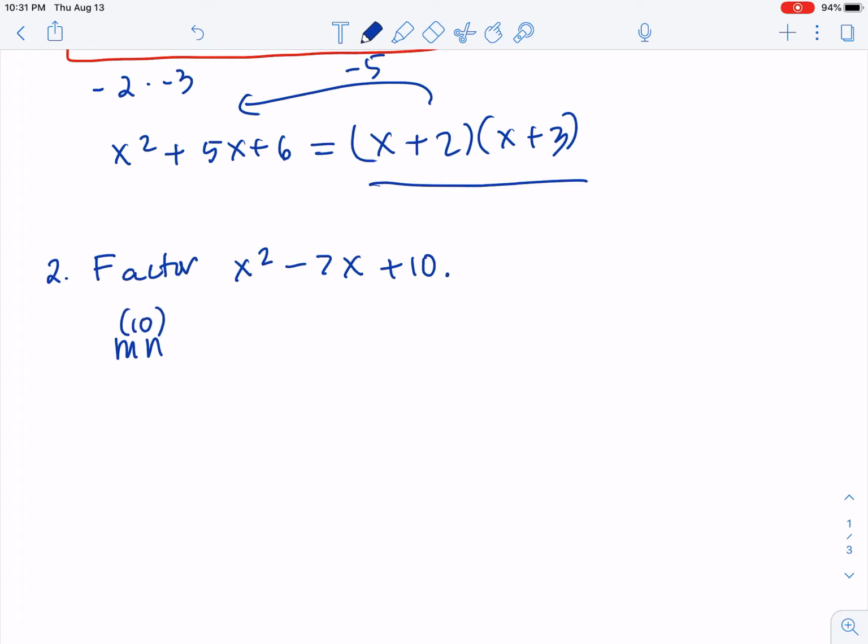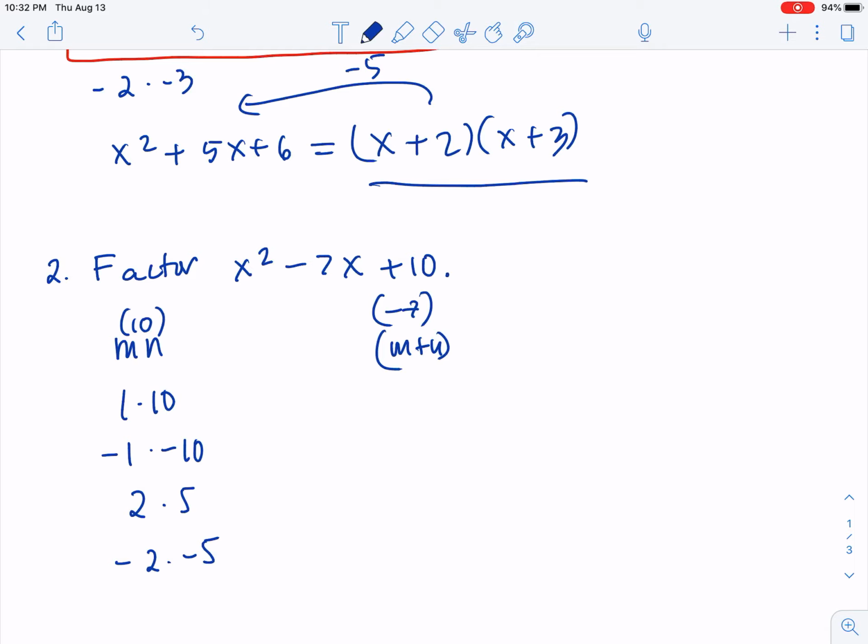At yung ating sum na hinahanap natin ay negative 7. So, ano yung factors ng 10? 1 times 10. Negative 1 times negative 10. 2 times 5. Negative 2 times negative 5.